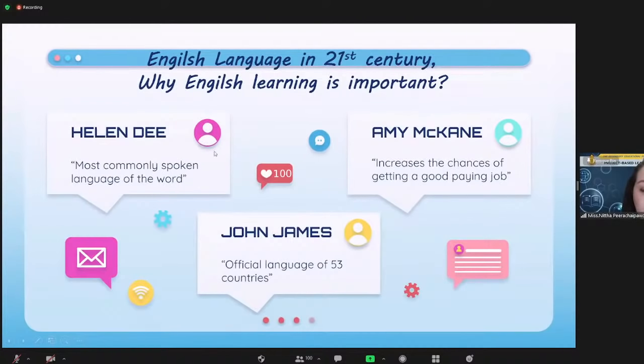So English language in 21st century, why the English learning is important. So at the present, teaching English emphasizes on communication competency, which focus on the learner ability to use English communication in global society and also help learner have the knowledge and skill in effective communication through the use of a student-centered curriculum.